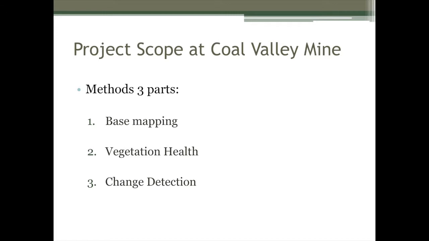With vegetation health, we're using a combination of multispectral and LiDAR, and we're able to get the vegetation's health, its height, and the biomass, so we can understand how well the vegetation is doing on that reclaimed site. And the third is change detection. We're able to look at different time periods and see how it's progressing, or if there are areas that were good one year and then start to decline.